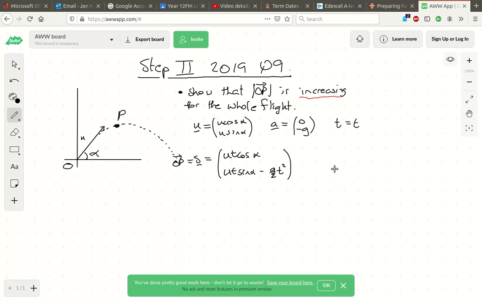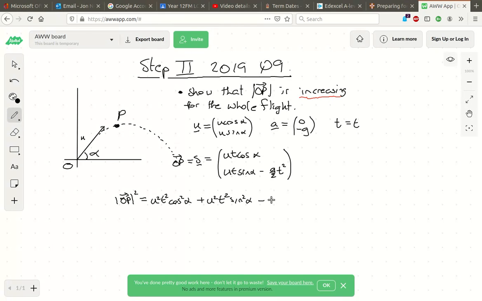Now, I care about the distance, so I'm just going to write down OP squared because I don't fancy putting a square root on the other side. OP squared is clearly going to be this one squared plus this one squared, so that's going to give me u squared t squared cos squared alpha plus, now I've got to square all of this in brackets, u squared t squared sine squared alpha.